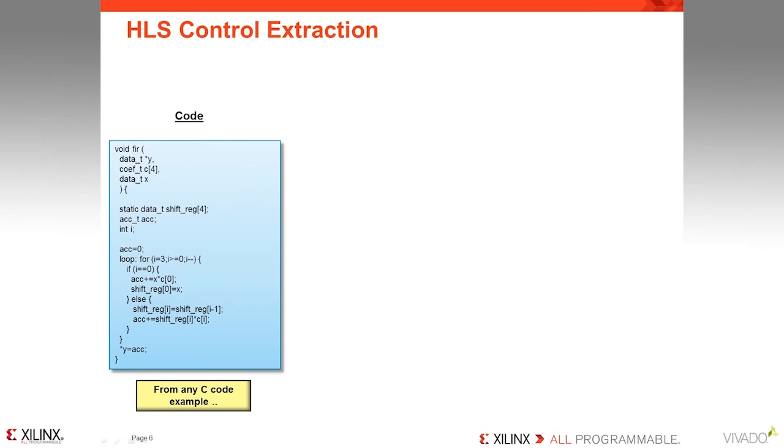We go to the else branch. We'll essentially shift items along a shift register, and we'll multiply the shift register with the coefficients and accumulate. And then finally, when I equals 0, we'll accumulate that once more, and we'll shift X, the new input, into the front of the shift register. And finally, we'll come out of the loop, and we'll assign the accumulator to the output port Y. So a small standard FIR filter.